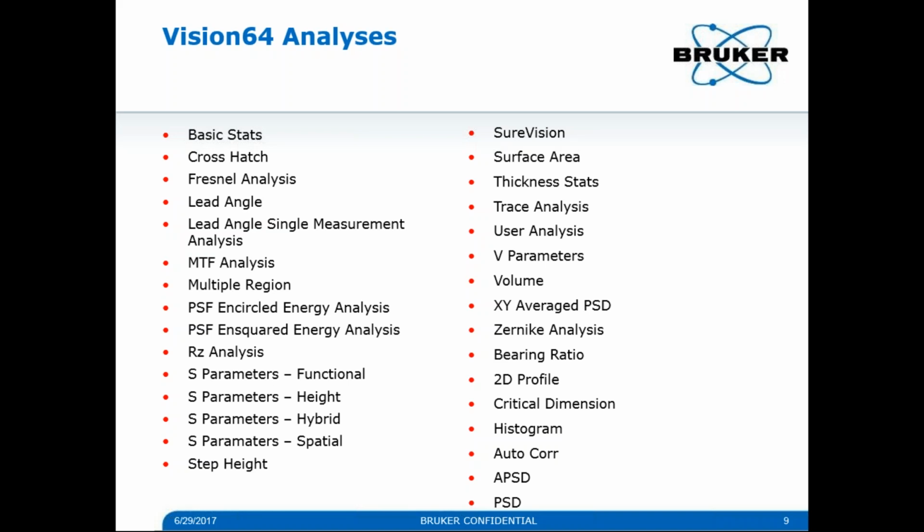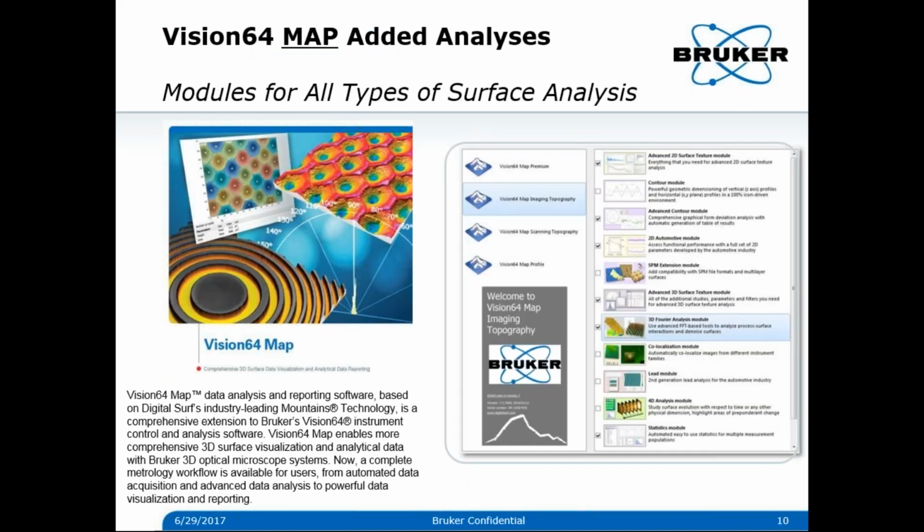So what is Vision64 Map? Vision64 Map is a data analysis and reporting software based on Digital Surf's industry-leading Mountains technology. We integrated that into Vision64, and it comes with a complete surface analysis in different modules.